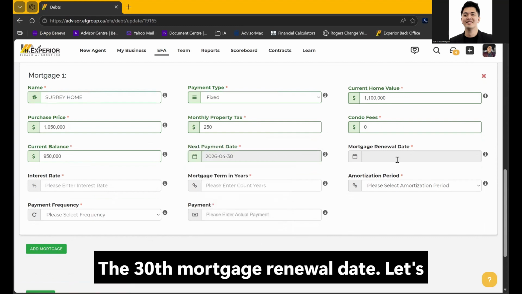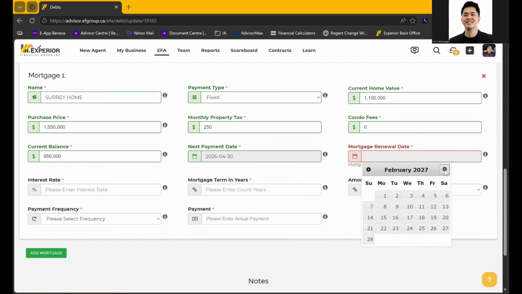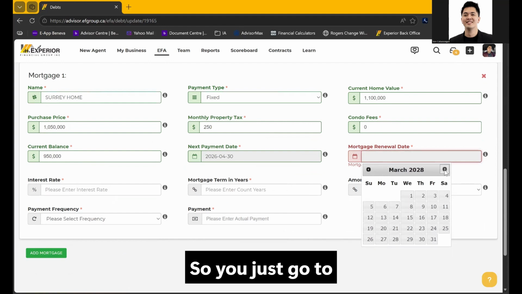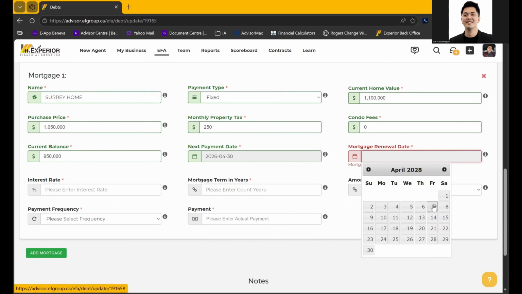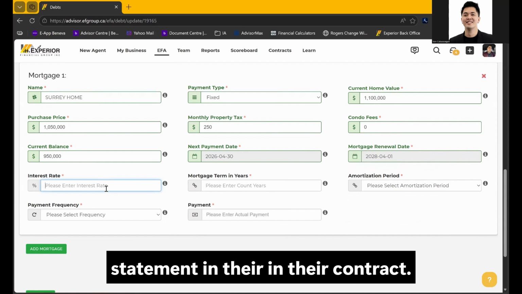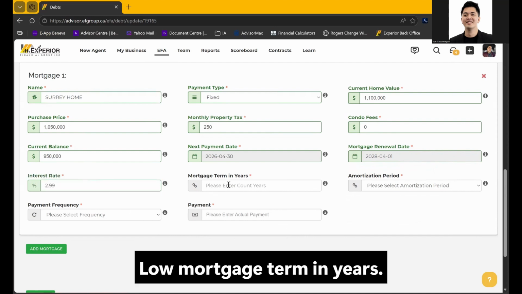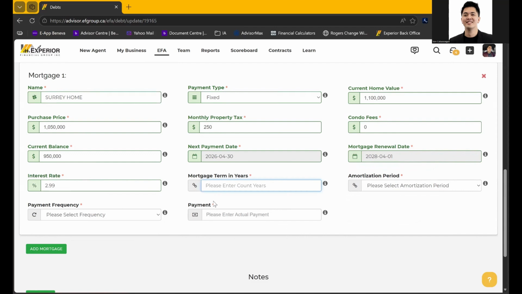Mortgage renewal date, let's say it's 2 years from now. So you just go to 2028, April 1st. The interest rate, it should show in their statement, in their contract. Let's say it's 2.99.